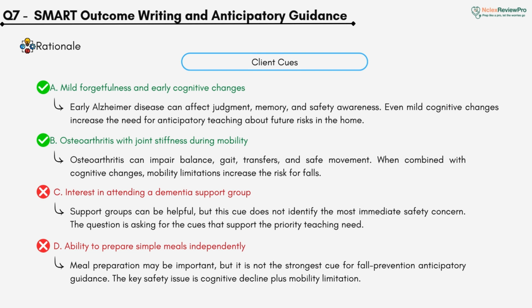Option D, ability to prepare simple meals independently. This is incorrect. Meal preparation may be important, but it is not the strongest cue for fall prevention anticipatory guidance. The key safety issue is cognitive decline plus mobility limitation.